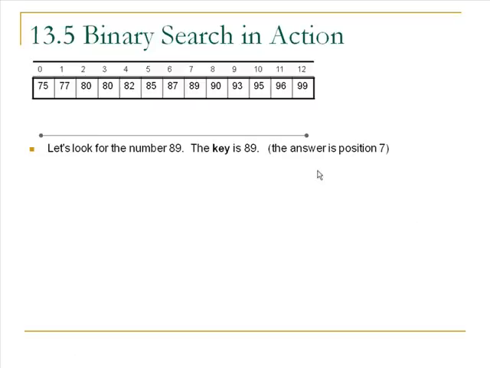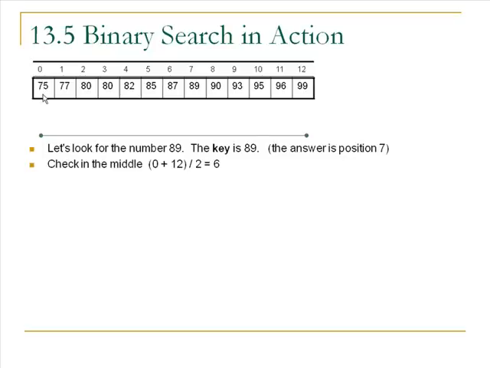So first of all, look at this line. This is considered to be the search space. We don't know anything about the location of the value 89 except that it's somewhere in the array, maybe. So our search space is the whole array. The first thing we're going to do is to check in the middle of the array.